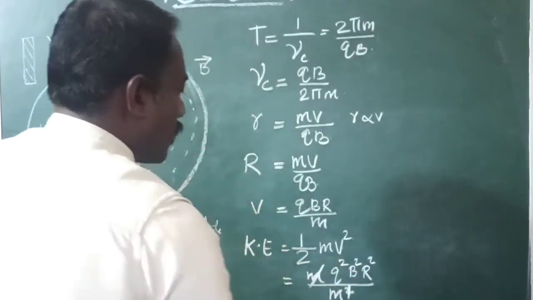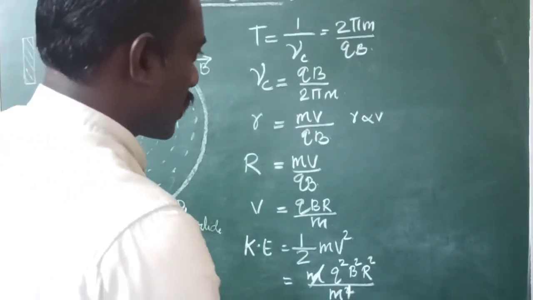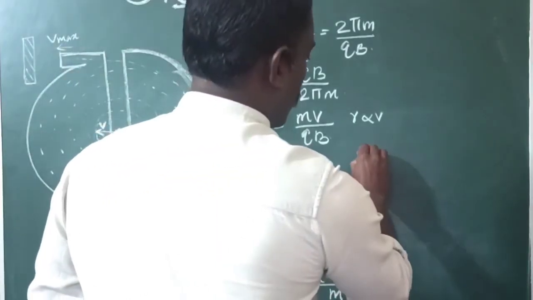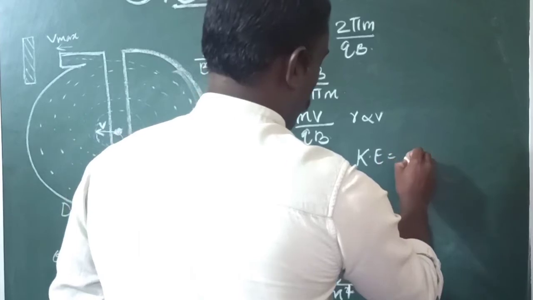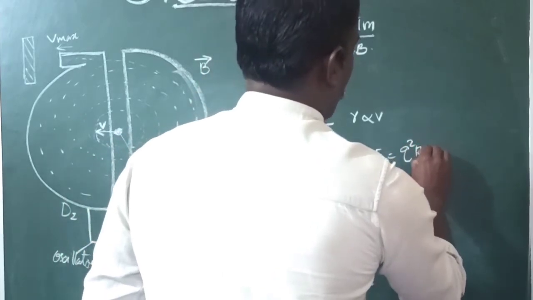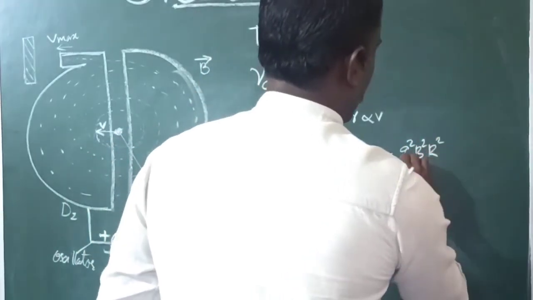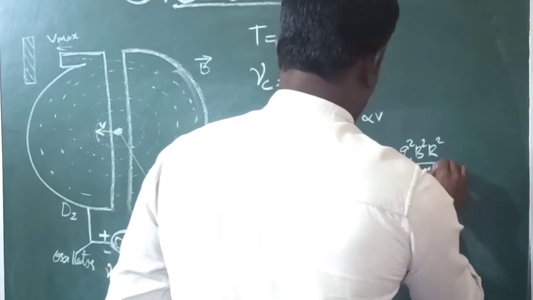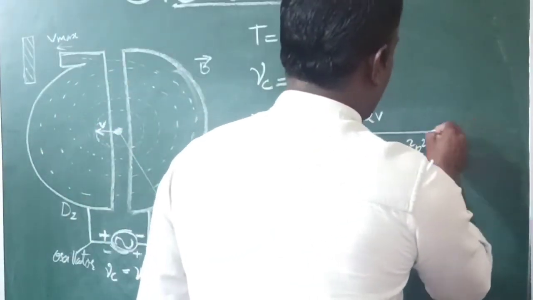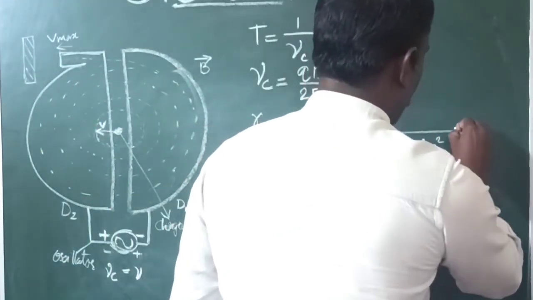Then one m will cancel, so the kinetic energy is equal to q square B square R square divided by 2m. This will be the kinetic energy of the particle in the cyclotron.